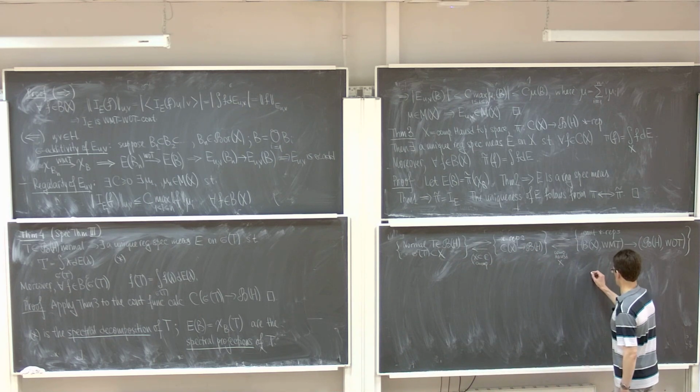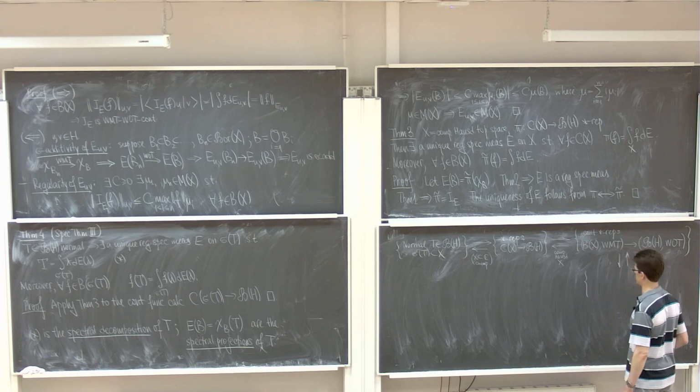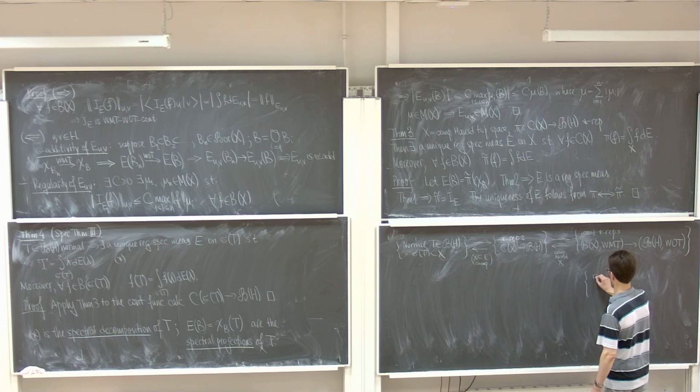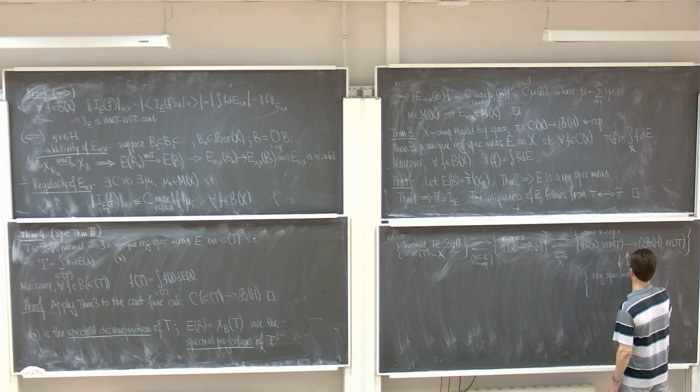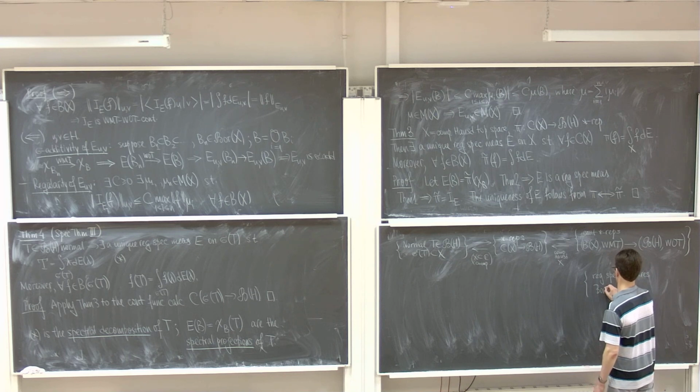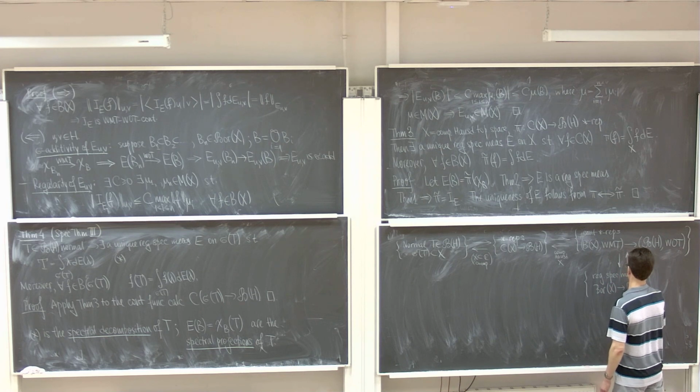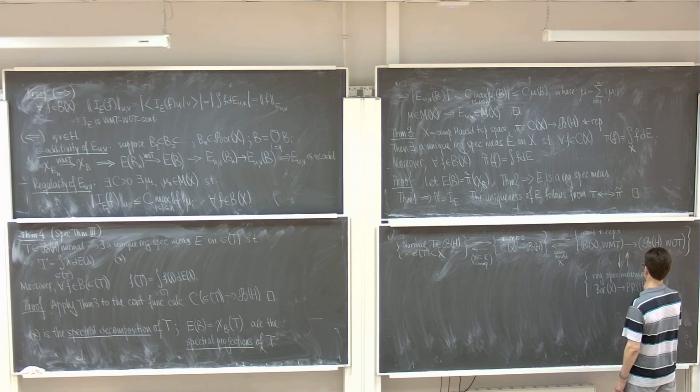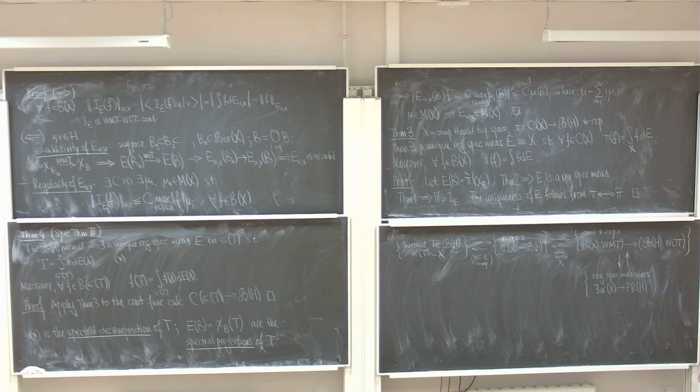And finally, we have just seen that this set corresponds bijectively to the set of all regular spectral measures on X, on the Borel sigma algebra of X. So this picture illustrates a relation between these four kinds of objects.